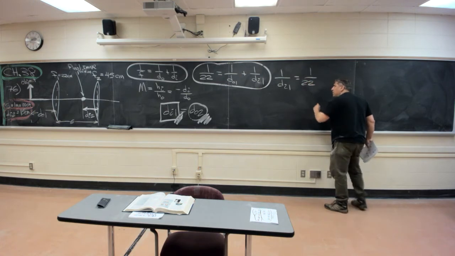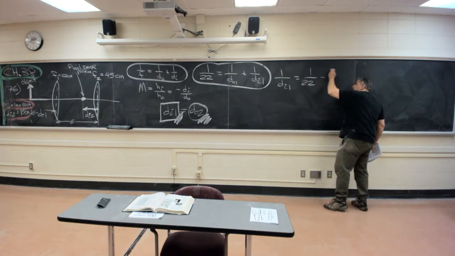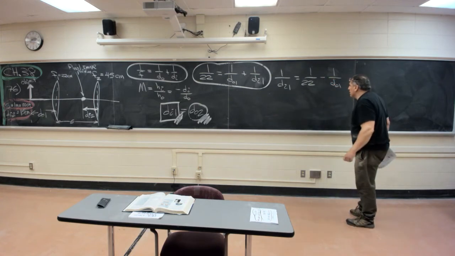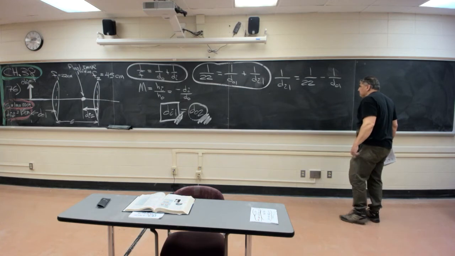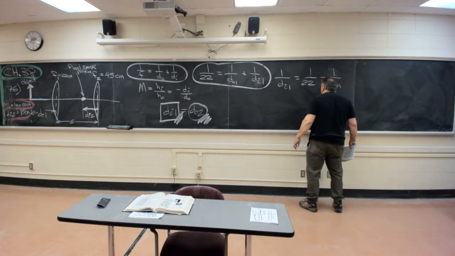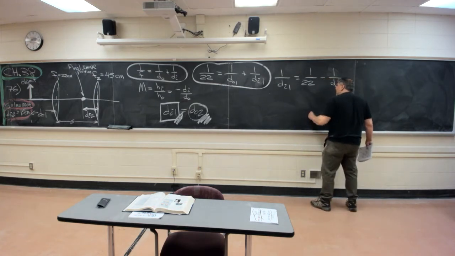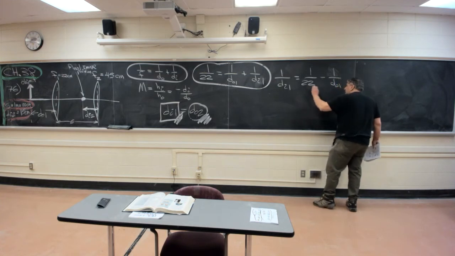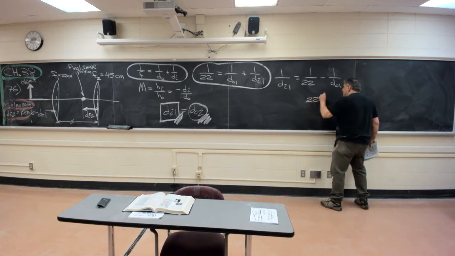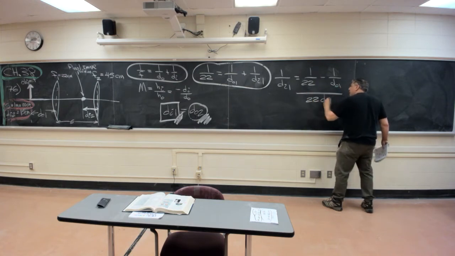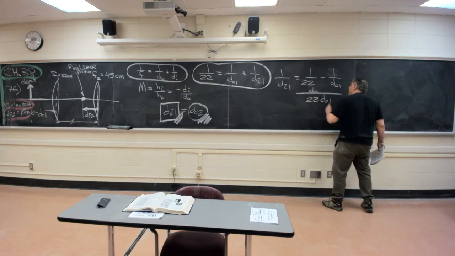You got this right here, minus 1 over DO1. You guys know the deal. When you actually get a common denominator and do the subtraction, you're going to multiply this by DO1 over DO1, and you're going to multiply this right here by 22 over 22.